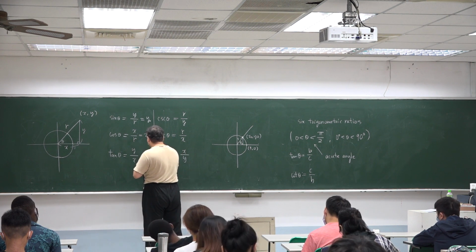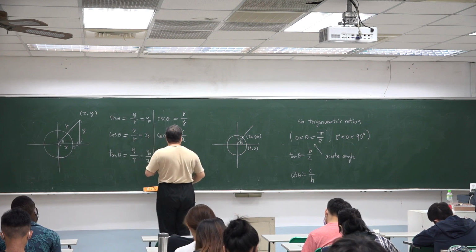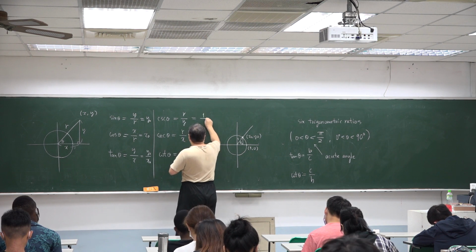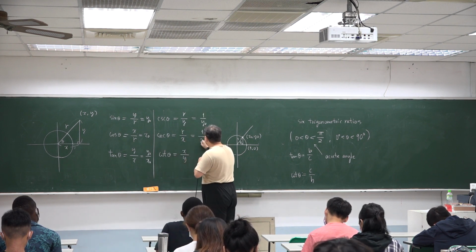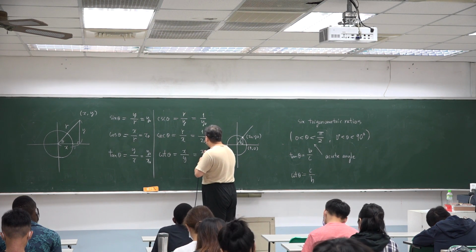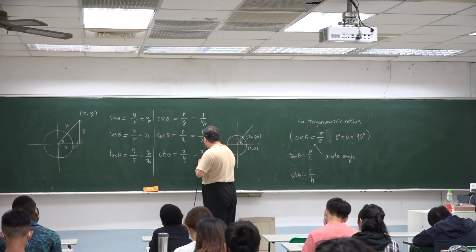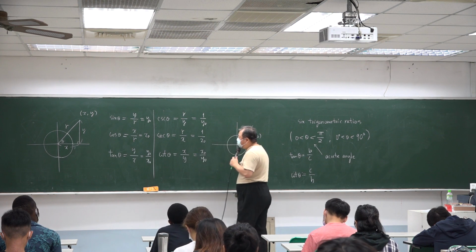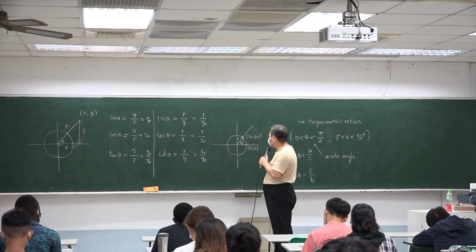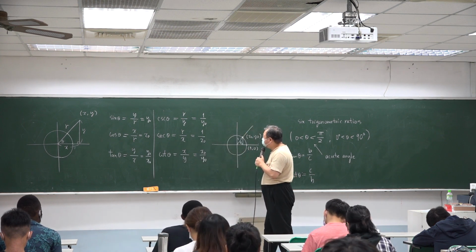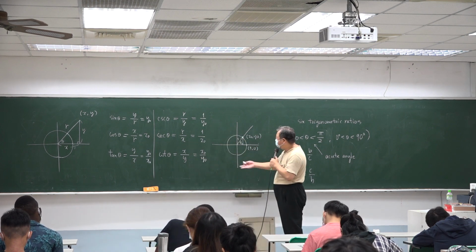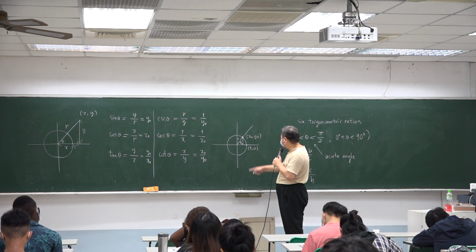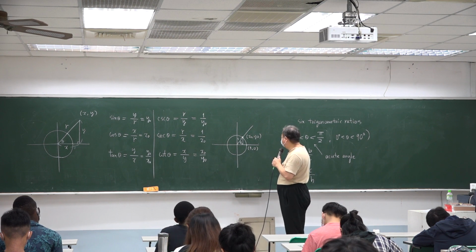This is y naught over x naught, and the reciprocal is x naught over y naught. So we may obtain the 6 numbers. We can read them from this picture.